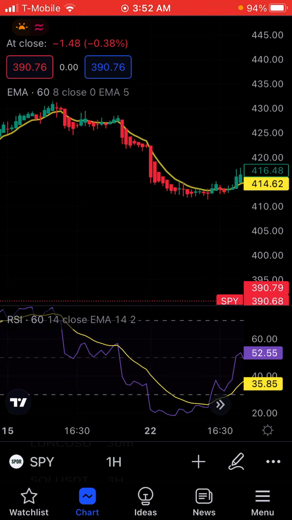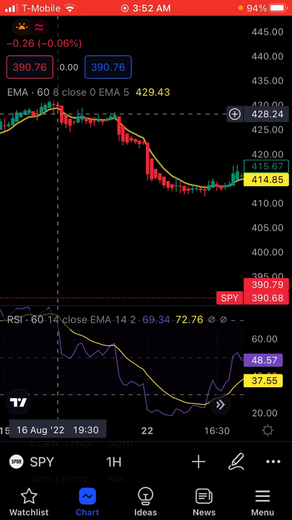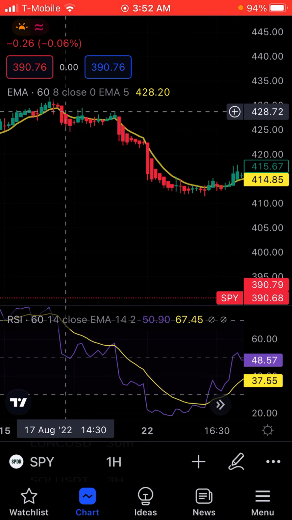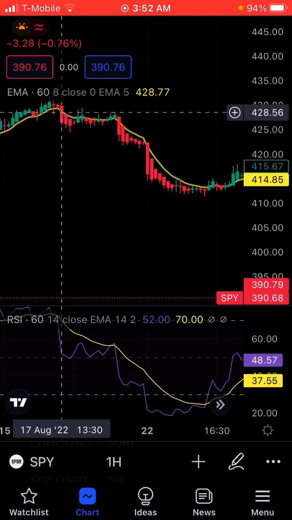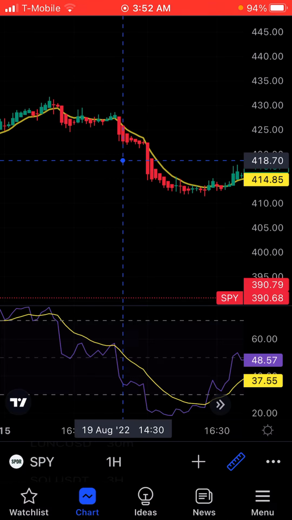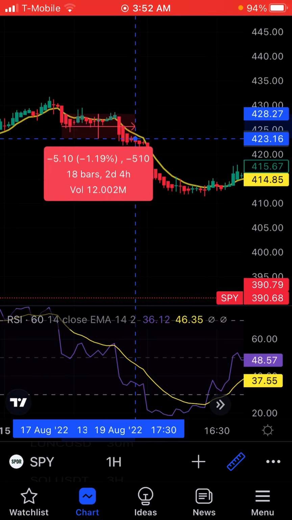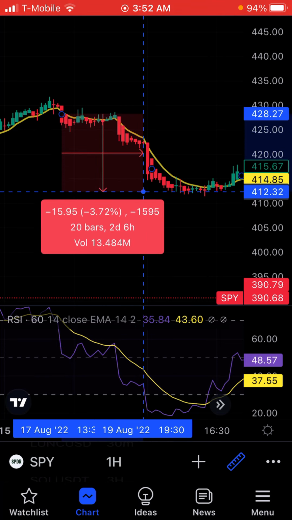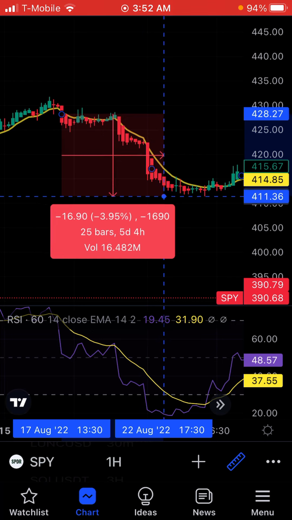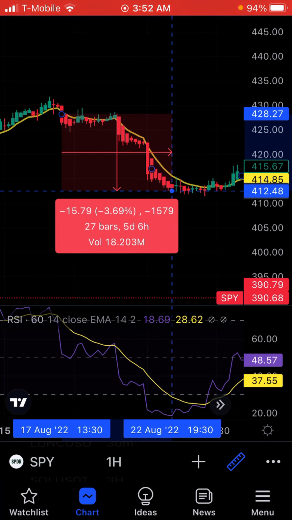So we see over here, red candle pushing through the 8 EMA. You got in right around here, and you just bought your contract. You wouldn't have to buy a big one. This is 5 days.